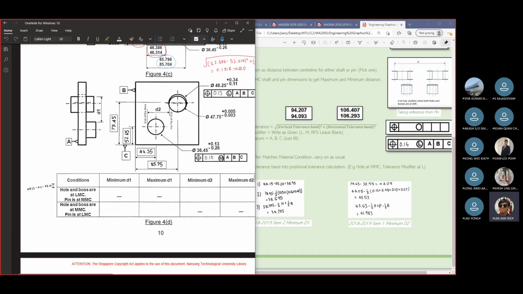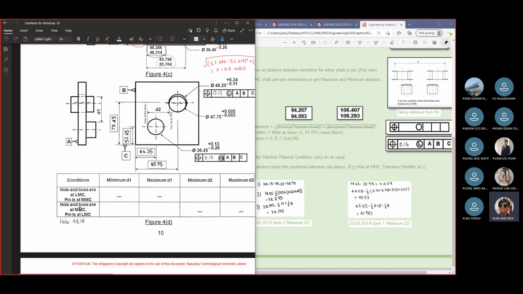Is it visible? I hope it is. So let me write it at the correct location. Hole, 48.14. That's the smallest hole, MMC.